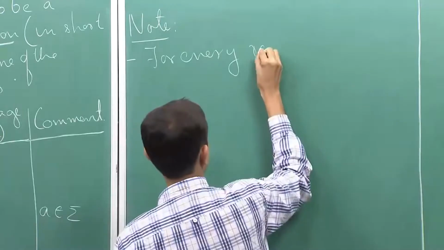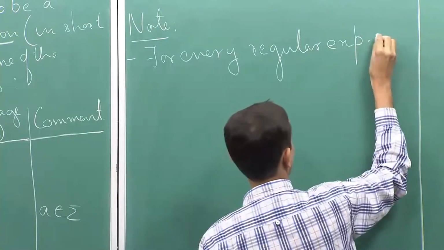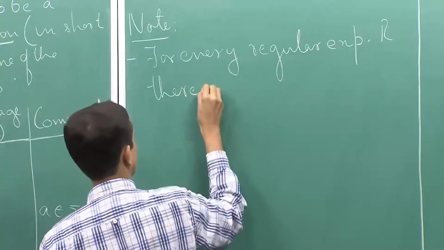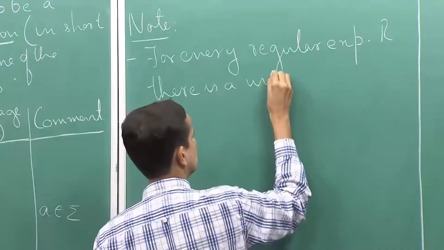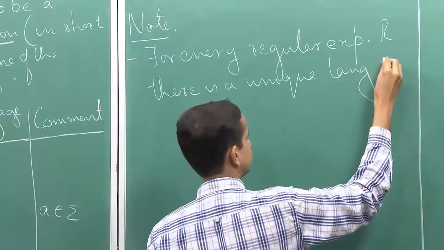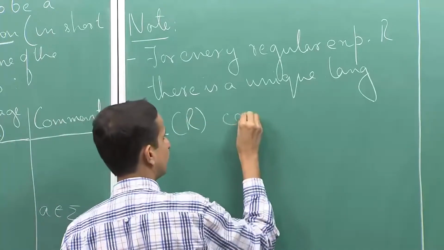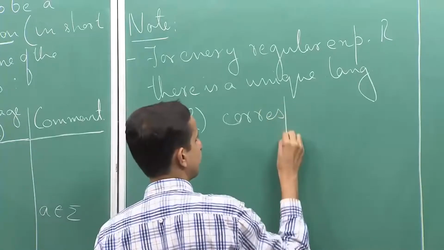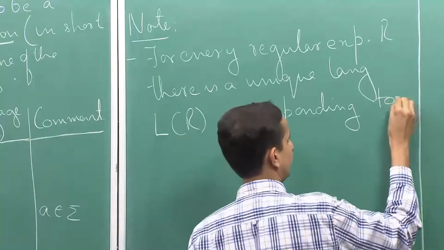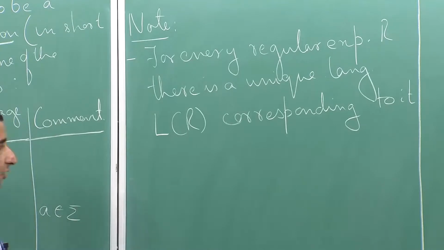For every regular expression R, there is a unique language L of R corresponding to it. But the converse need not be true.